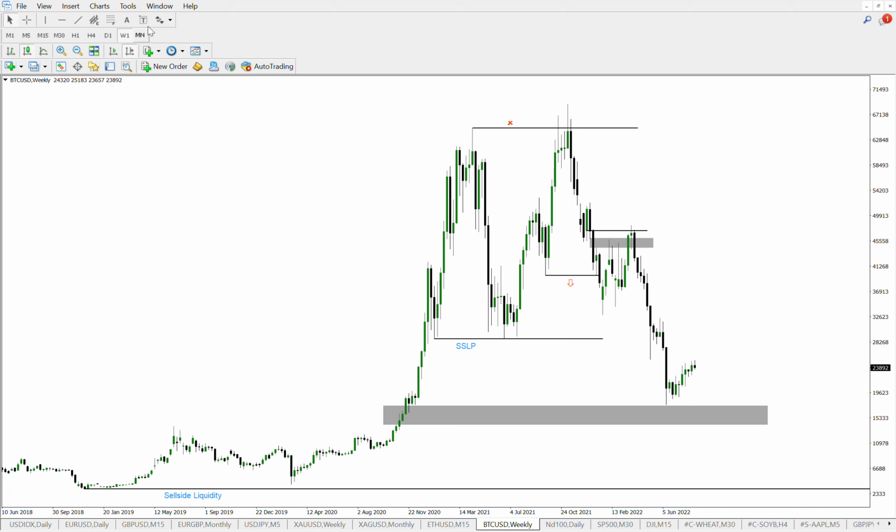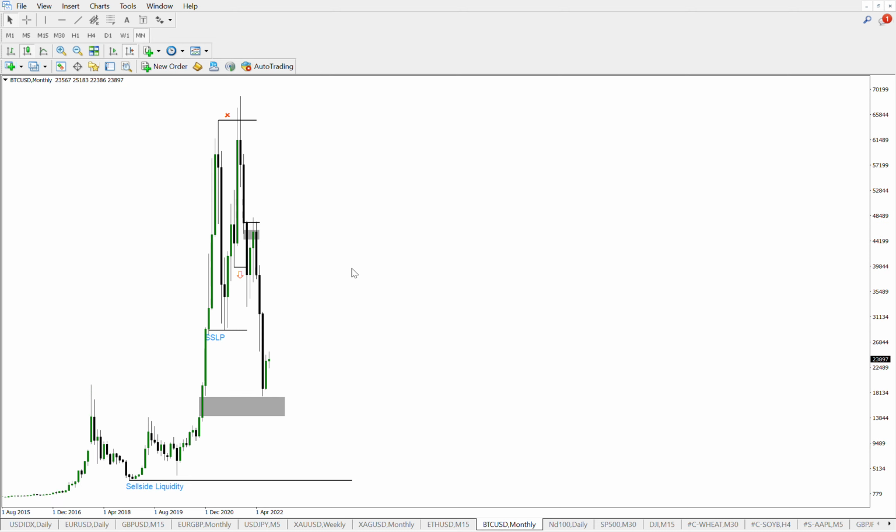What invalidates this outcome, or what invalidates the bears, is, for me personally, I would have to wait until we get back above this fair value gap. Right?